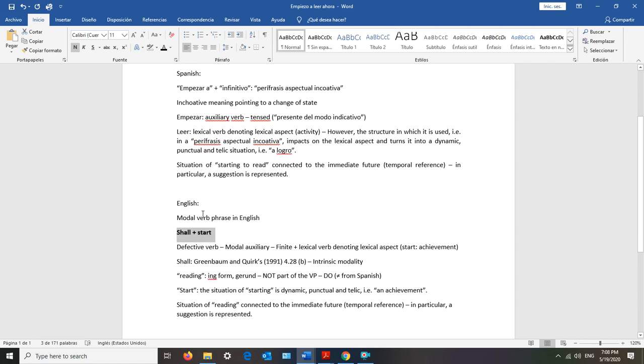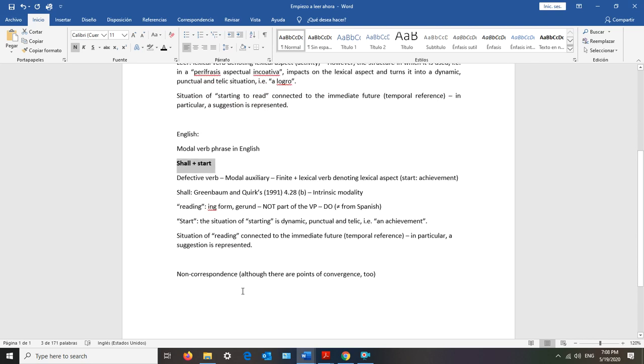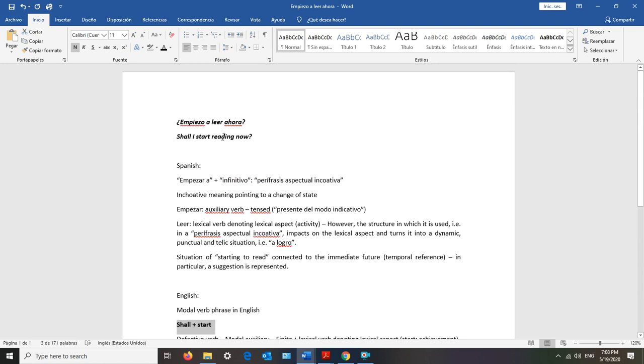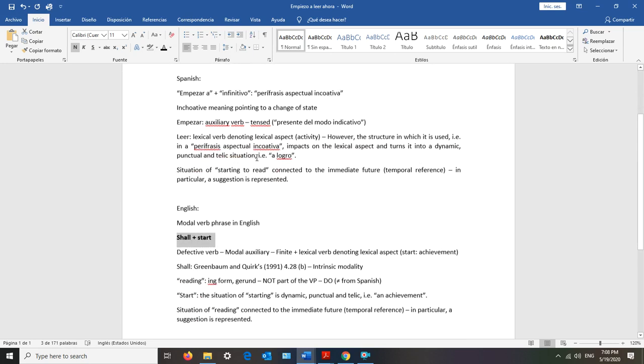All right, so there's non-correspondence in terms of using a modal verb in English, the English counterpart, and not so the Spanish counterpart. Also non-correspondence in terms of empezar a leer forming a unit, in contrast to shall start, different from reading in terms of constitutive elements in the sentence in English.